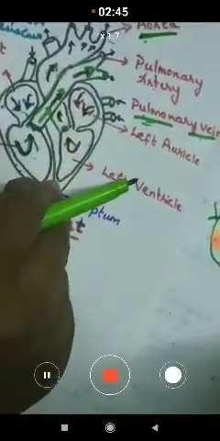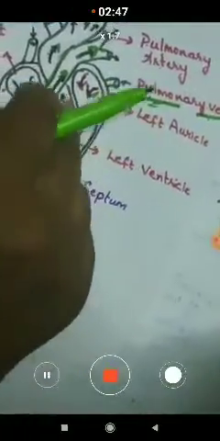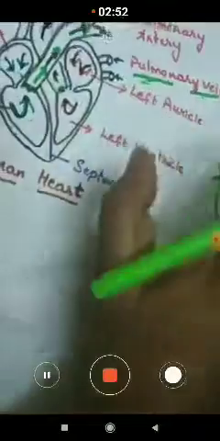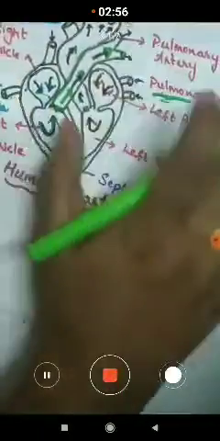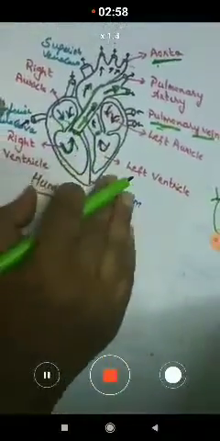Here you can observe the oxygenated blood is pumped to all the parts of the body, and it reaches all the cells of our body. Understood?